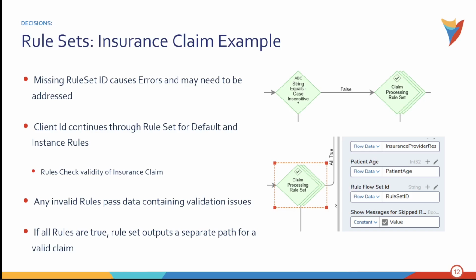In our case for this project, we have a rule that checks to see if it output that last string that there was no ID, and it routes it away from the rule set so we don't have that error happen. And then if it does have the rule set, a template with instances will have a special input in addition to whatever inputs are expected on the rule set for that rule set ID. So you'll just need to make sure that you tell it which rule set to run or which specific instance to run based on that information, which is what that truth table is giving us.